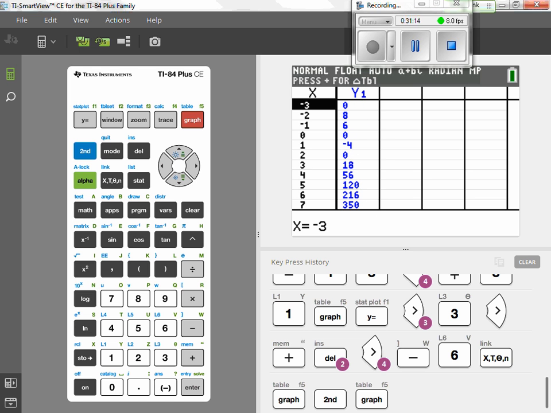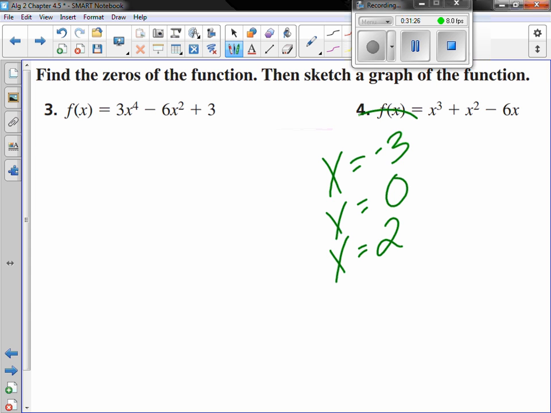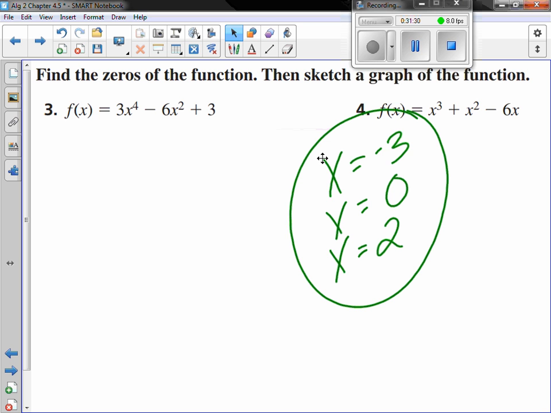So the solutions for this here are x is equal to -3, x is equal to 0, and x is equal to 2. We have these 3 here. Questions on these here?